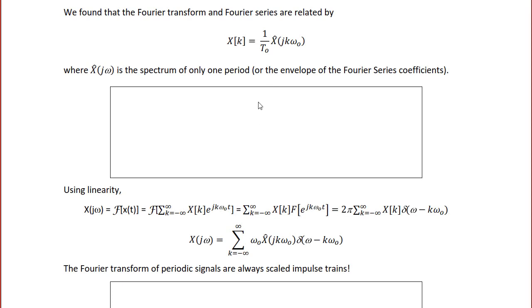So suppose x(t) was a pulse train. Then one period of that pulse train would be a rect, and the Fourier transform of a rect is a sinc. So I'm going to sketch out a sinc here.